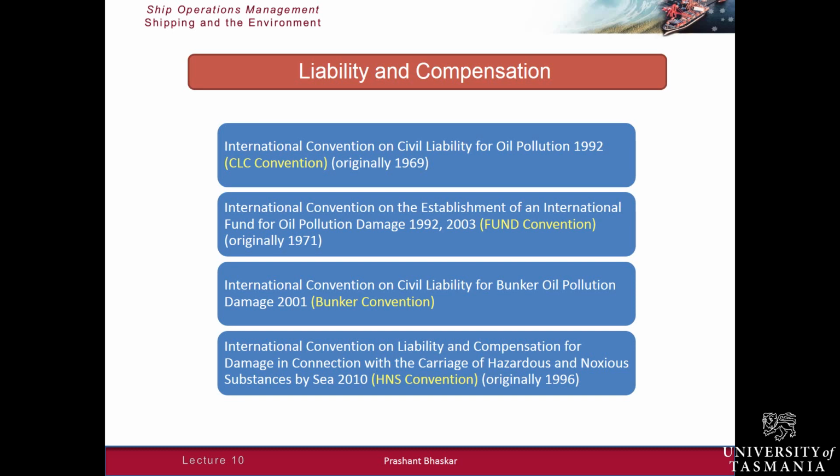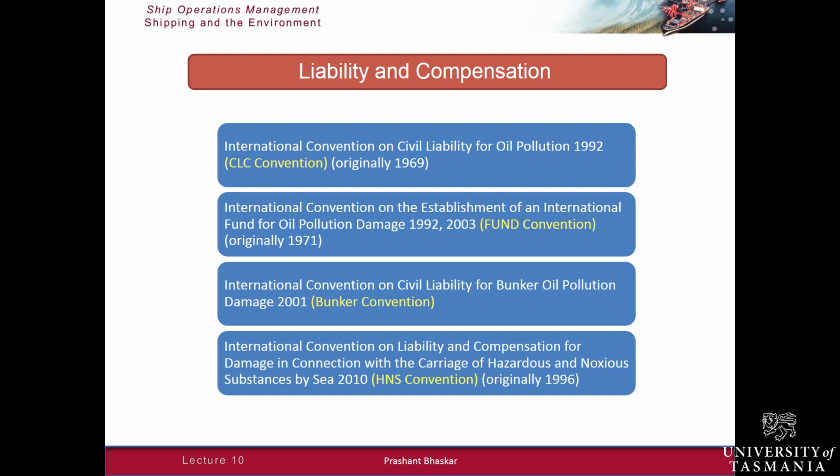This is financed by contributions that are levied on private companies or other entities that receive by sea an annual quantity of more than 150,000 tons of crude or heavy oil.